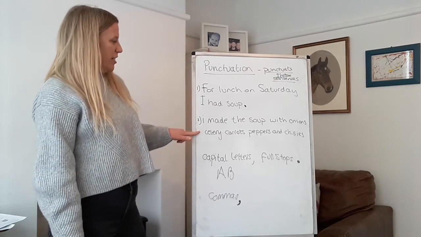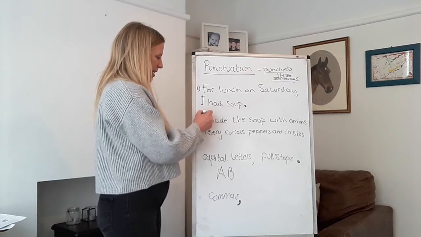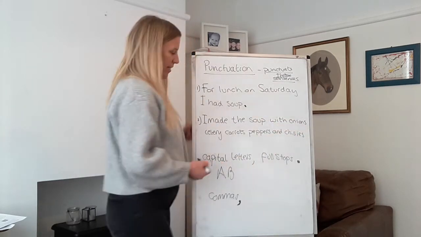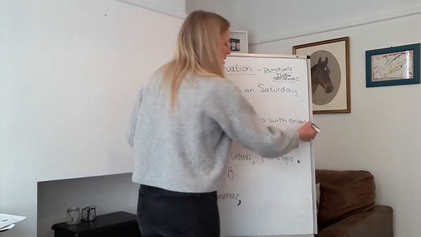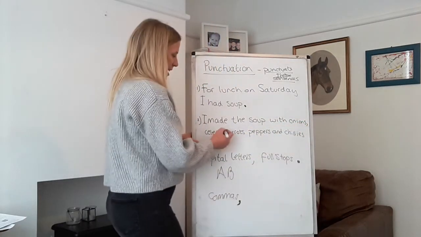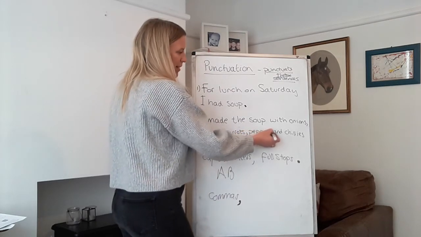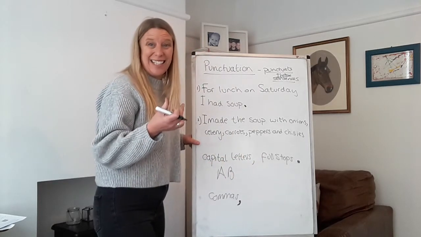I made the soup with onions, celery, carrots, peppers and chilies. So again, beginning of sentence, capital letter. I made the soup with onions. Now when we have a list, we need commas. So onions, comma, celery, comma, carrots, comma, peppers and chilies. I don't need a comma there because I've got and.